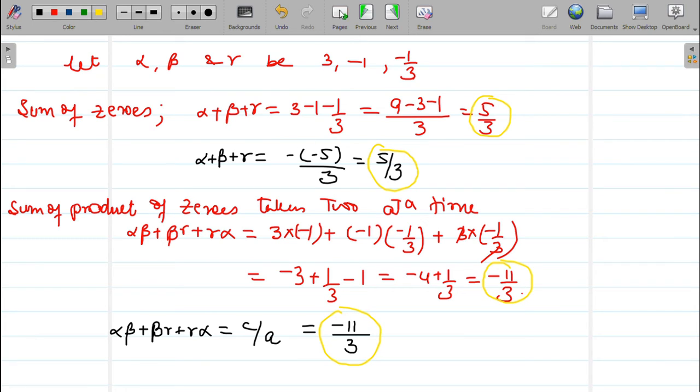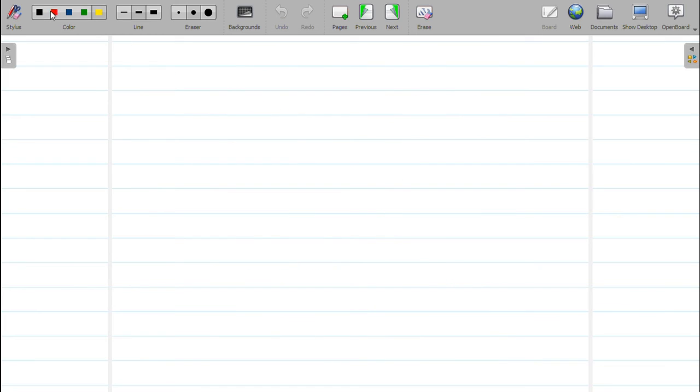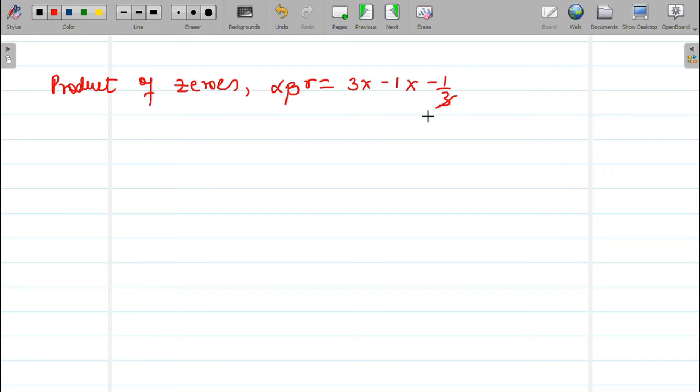Now the third relationship. The third relationship is product of zeros. Product of zeros is alpha beta gamma. Right now if I find the product of 3 multiplied by minus 1 multiplied by minus 1 by 3, we'll get this cancelled and it is 1.